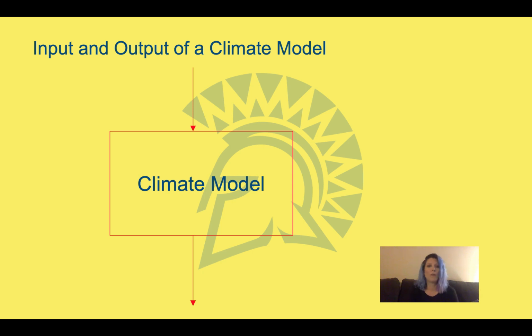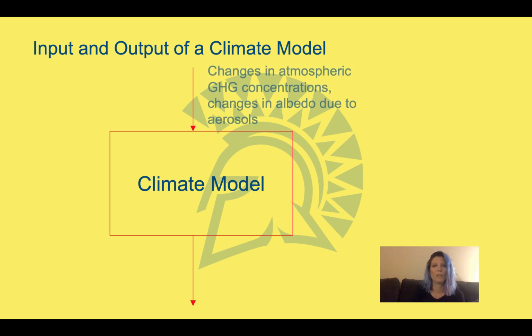So, every model, if any of you guys are comp sci majors or, like myself, who do neural networking models, things like that, we know that there's input and then there's output to these things, right? So, the input is going to be the changes in atmospheric greenhouse gas concentrations, changes in albedo due to aerosols.